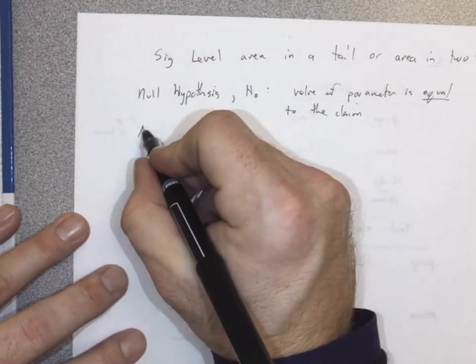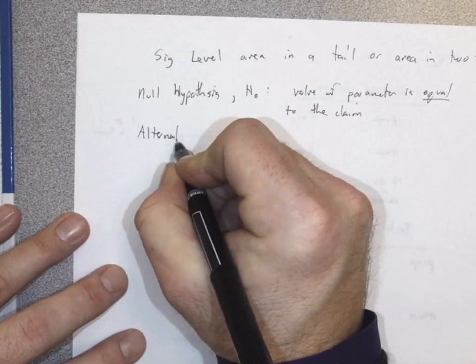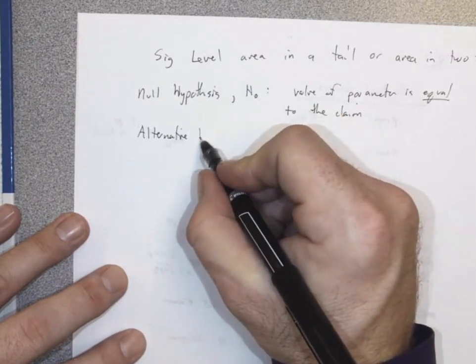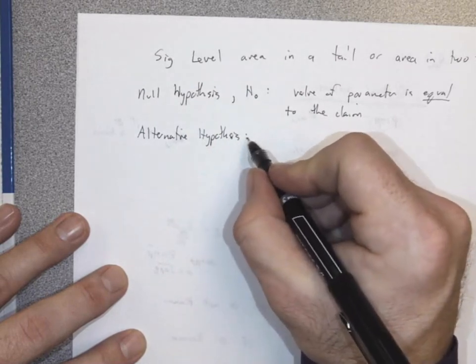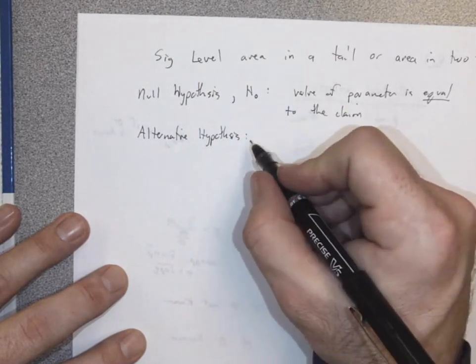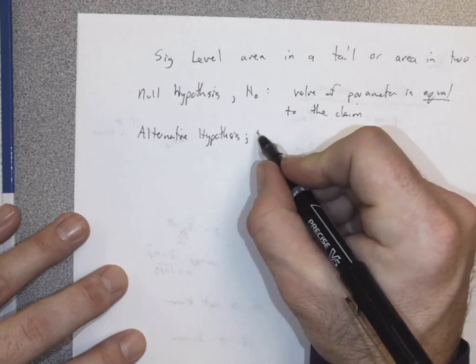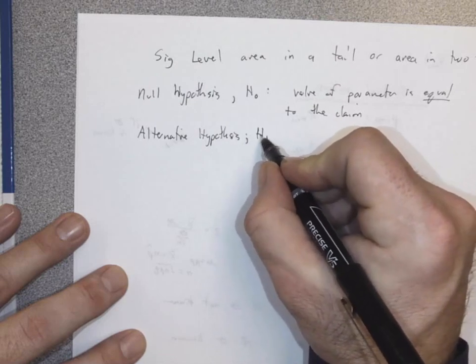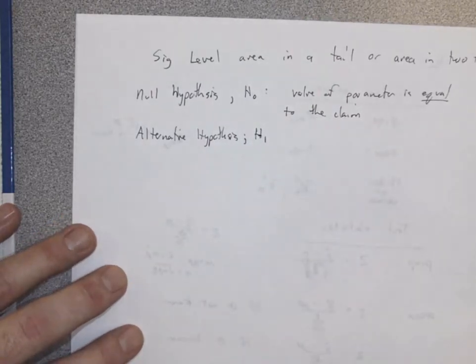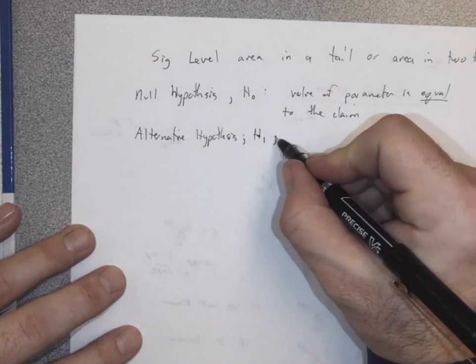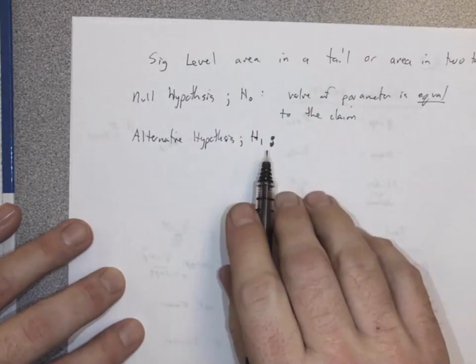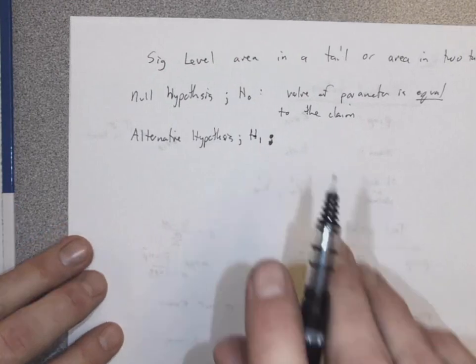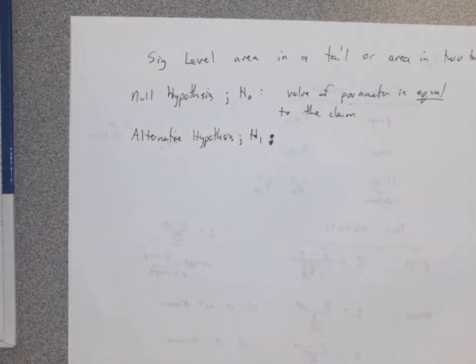Now the alternative hypothesis is denoted by H1 or HA. I'm going to say H1, but you can use H1, HA, or capital H with subscript A. This is the statement that the population parameter has a value that somehow differs from the null hypothesis.